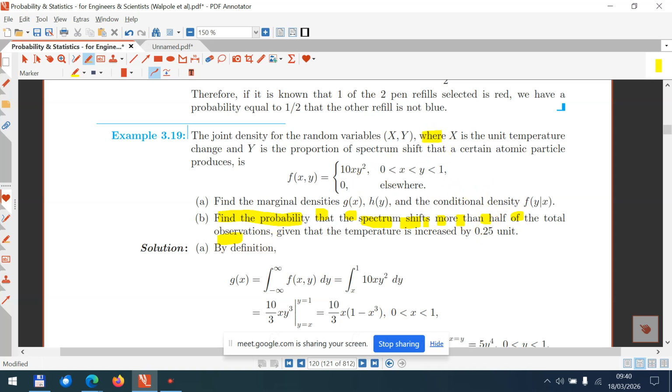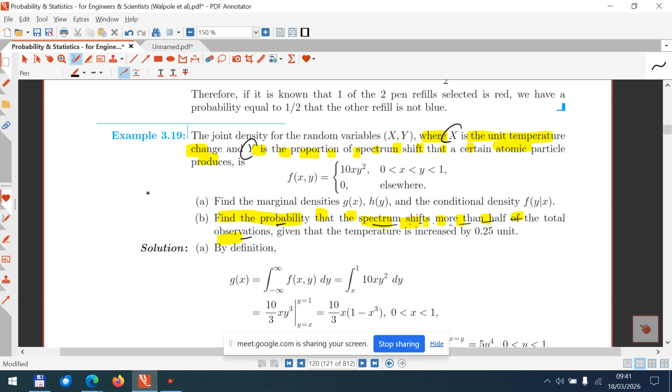X is the unit temperature change, and y is the proportion of spectrum shift that a certain atomic particle produces. So shift is represented by y, and temperature is represented by x. This probability is about the spectrum shifting more than half of the total observations.